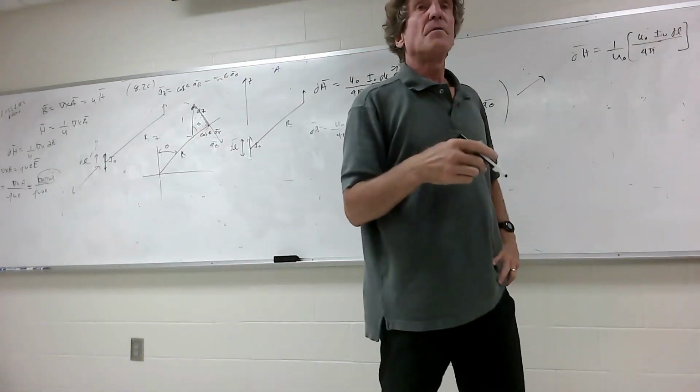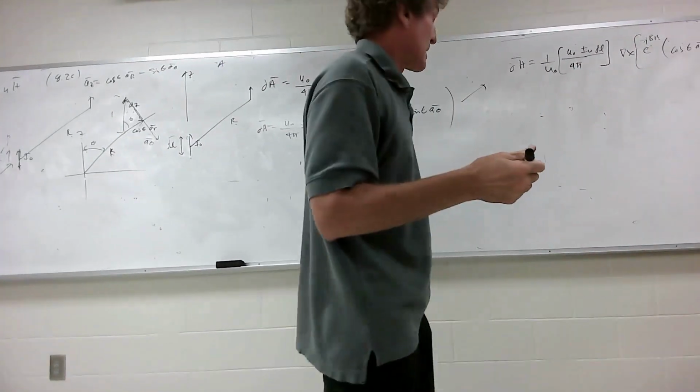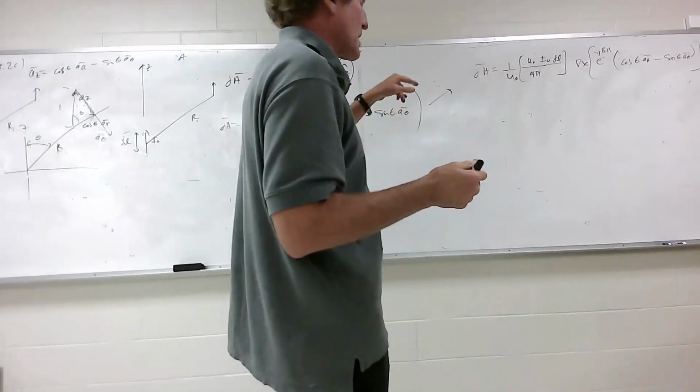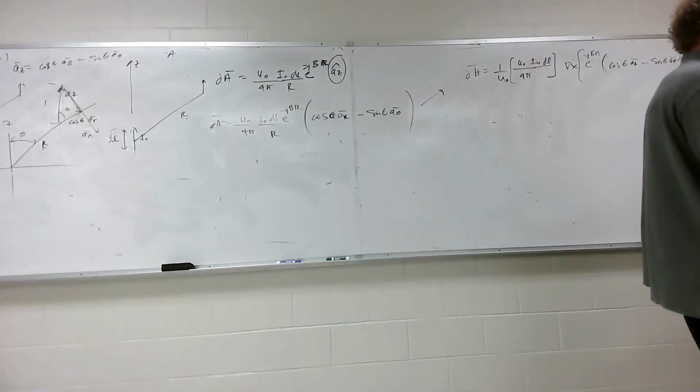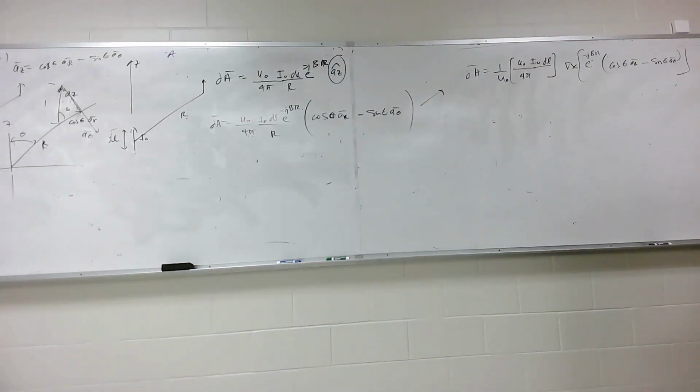Now, if you want to know how to do the curl, you can see you have both R and theta components, right? When you do the curl of this, you in general are going to get several components. You're not going to have just one component, but some of them are near field, some of them are far field. I know you want the quiz. At the end of the day, we'll do the near field stuff next time.